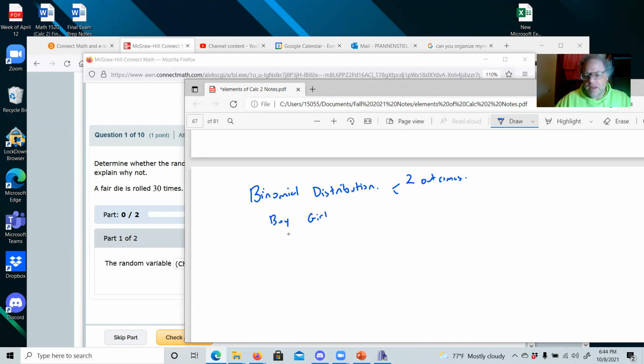Technically, what we're saying is it's boy and then not boy. To keep things simple, I know there are non-binary people and they're their own category too, but we're going to set those aside for the moment, just so we only have two options.